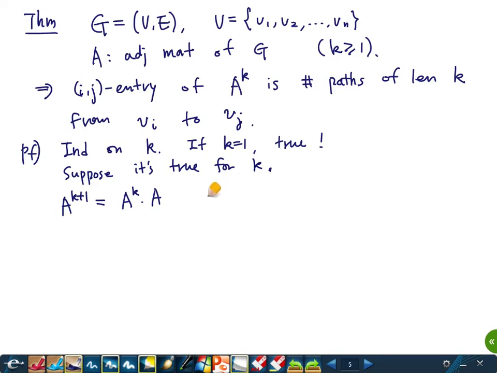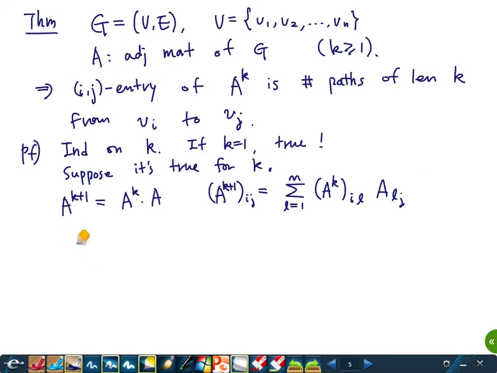The ij entry of a product of two matrices is the summation over L from 1 to n, where from the first matrix we take the iL entry, and from the second matrix we take the Lj entry. This is how we multiply two matrices. The ij entry is computed like that.